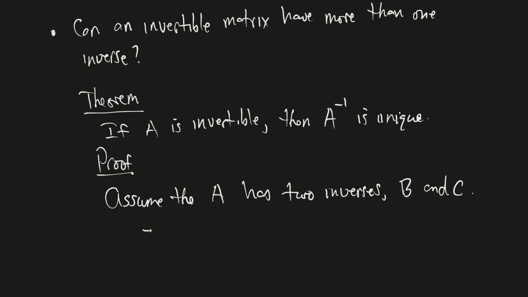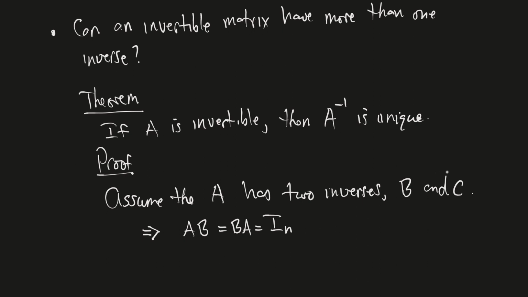So let's write down what those properties are. If we start with B, remember what it says is that if you take A times B or B times A, you're going to end up with the n by n identity. That's what it means for B to be an inverse of A.